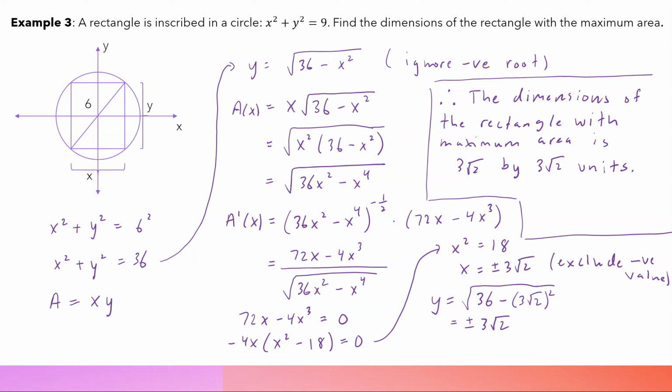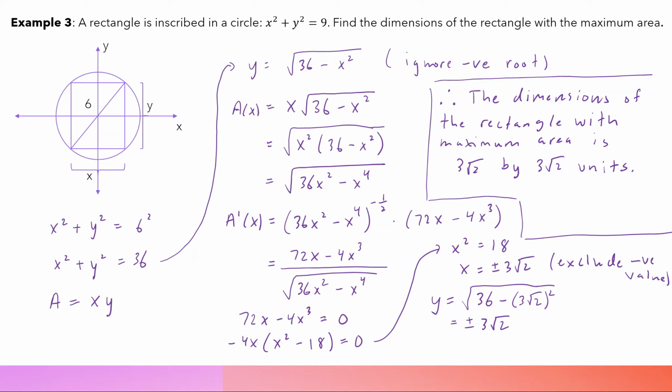All that's left for me to do is to find the y value, the y dimension of this rectangle. So taking my equation for y, I substitute 3 root 2 into it, and I end up getting plus or minus 3 root 2.